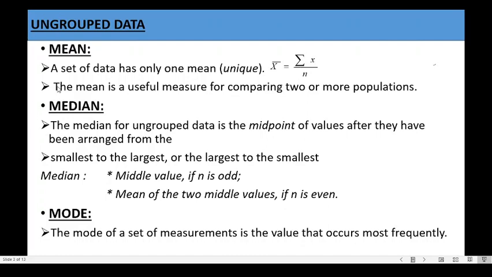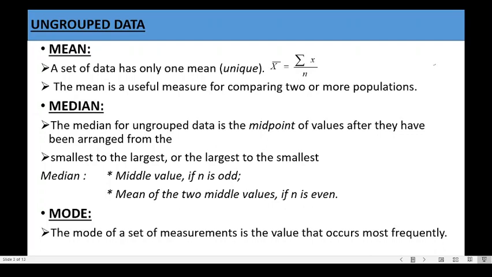And then the second one is the median. What is meant by median? Median is the midpoint of values after they have been arranged from the smallest to the largest, or the largest to the smallest. Normally ungrouped data is not arranged yet, so you need to rearrange the numbers.